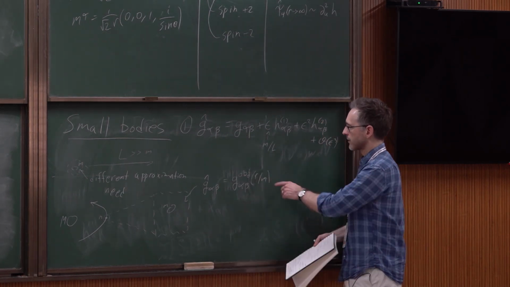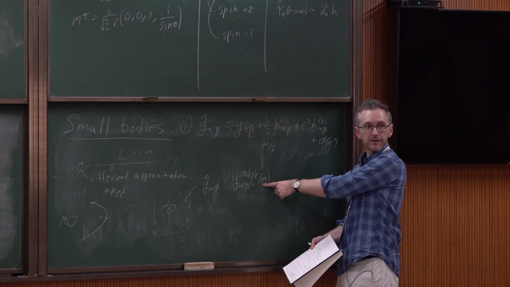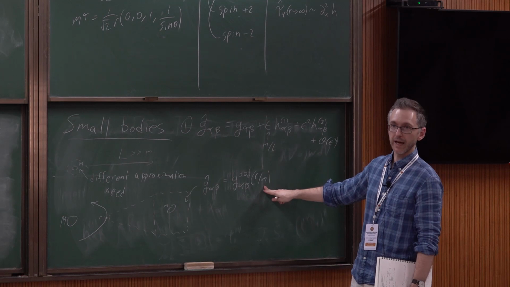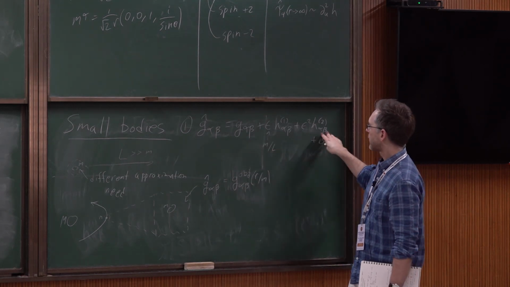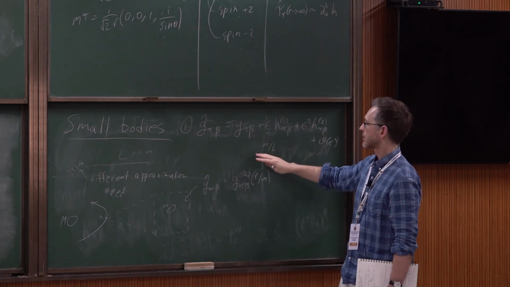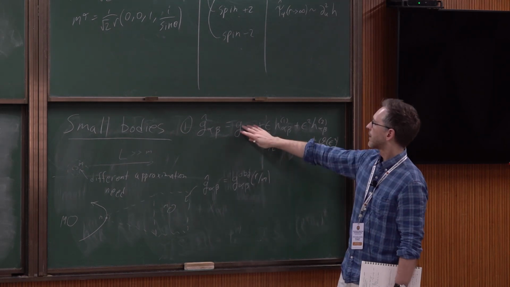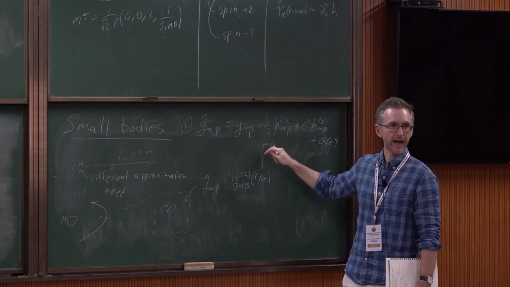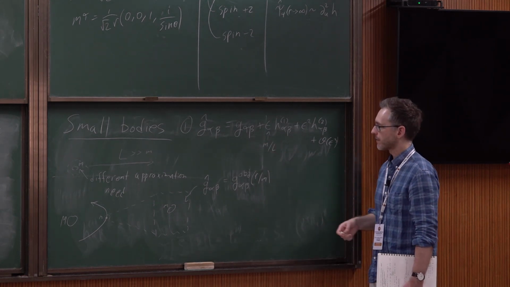That is going to depend on the length scale little m, not the length scale big M. So I'm going to have functions of r over little m, whereas here all my things are basically functions of r over L generically, or r over capital M in the EMRI case.